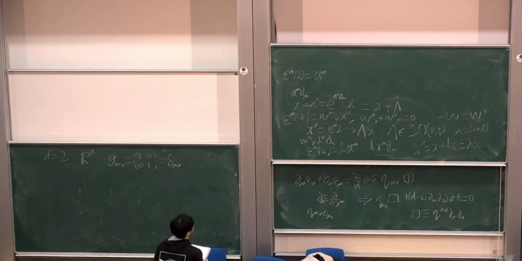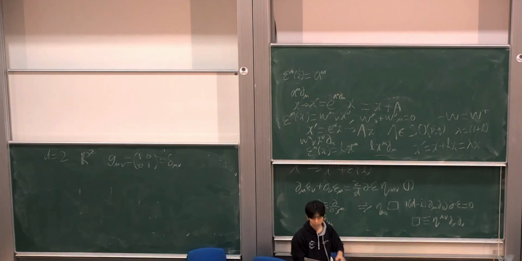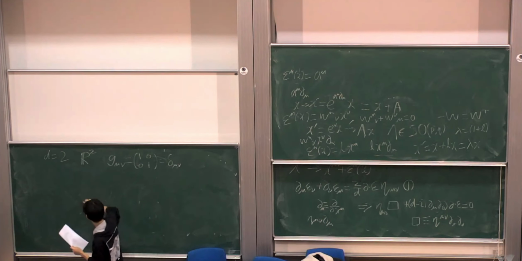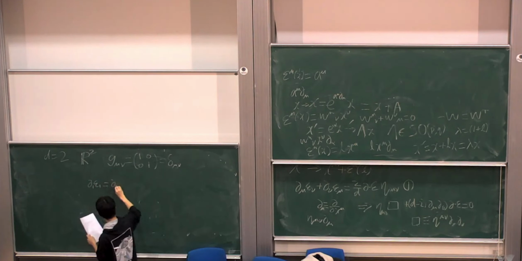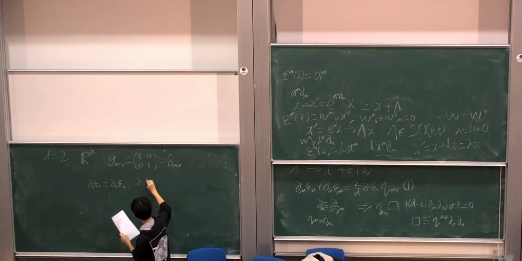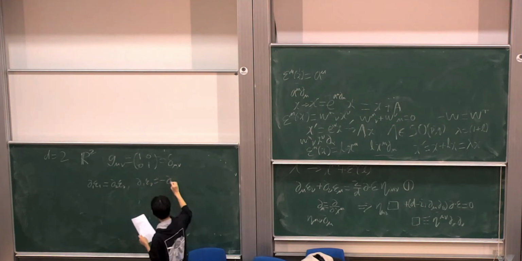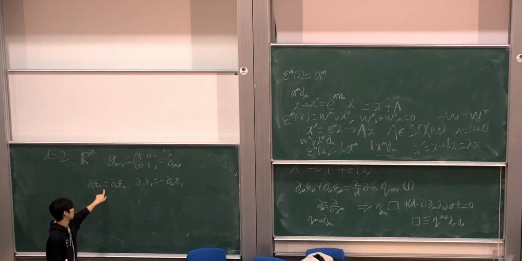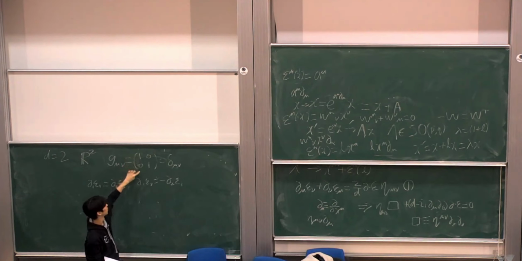And if you plug that into this equation again, you get this relation, where the indices down mean this is the first component, the second component, first component, second component.